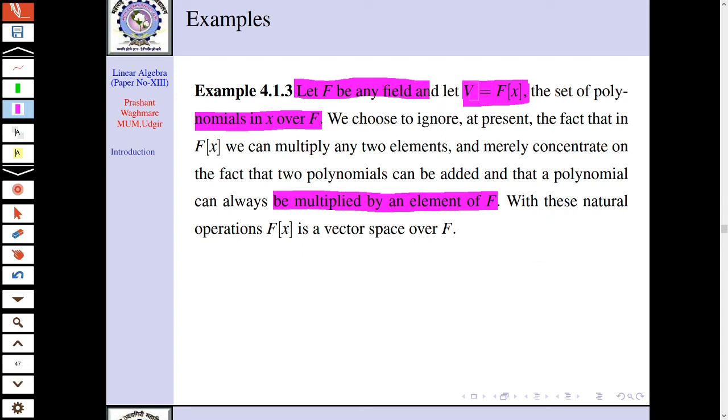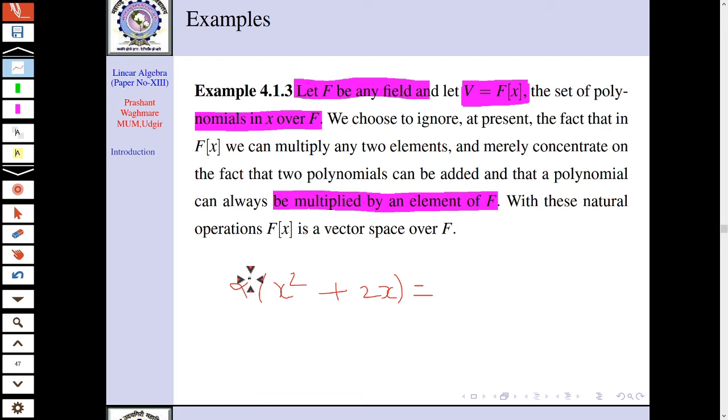See here, V is the set of all polynomials, means you will have one polynomial, and suppose alpha is one scalar. Then how to take the multiplication here? Suppose you have the multiplication alpha, and suppose one polynomial is there, say x squared plus 2x. Okay, this is one polynomial. So what will be the scalar multiplication here?